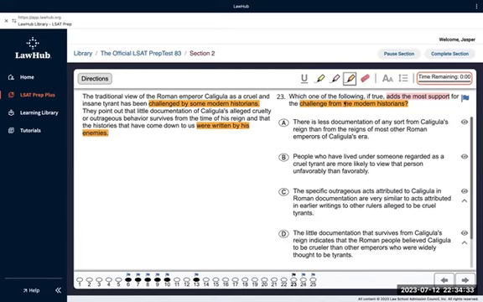So we can try to support that. Maybe also, they're pointing out that little documentation survives from the time of his reign. So why would this be a challenge to that view of him? Maybe because when we have a cruel and insane tyrant, we would expect that there would be a lot of documentation from that tyrant's reign that talks about that.